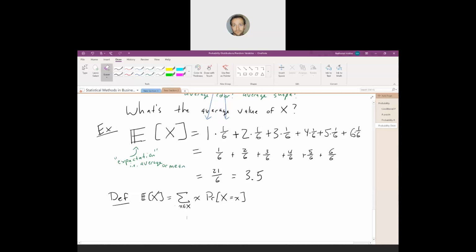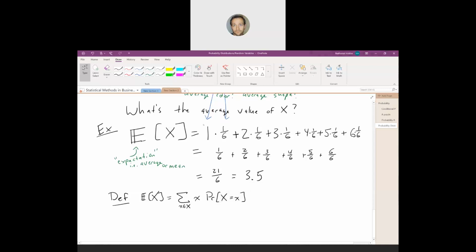So the big X is the set of outcomes of the random variable. You take the outcome of the random variable, this is going to be a number, and you multiply it by the probability that the random variable could equal that number.